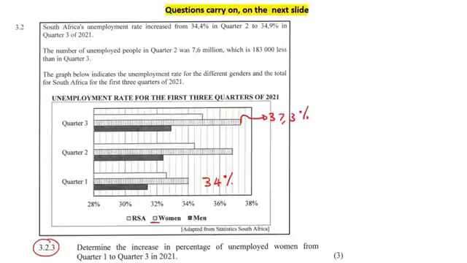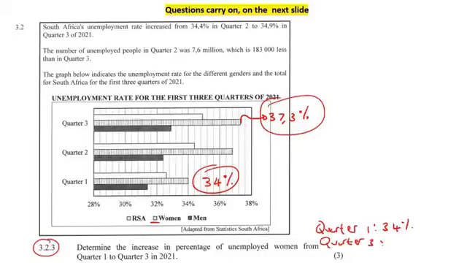Okay? Right. So it says determine the increase in percentage from quarter 1 to quarter 3. So from quarter 1 to quarter 3, you're obviously going to subtract those. In the exam, you'd have to write down quarter 1, 34%.